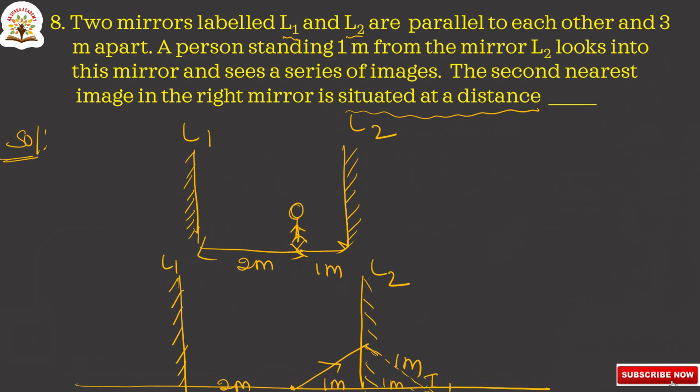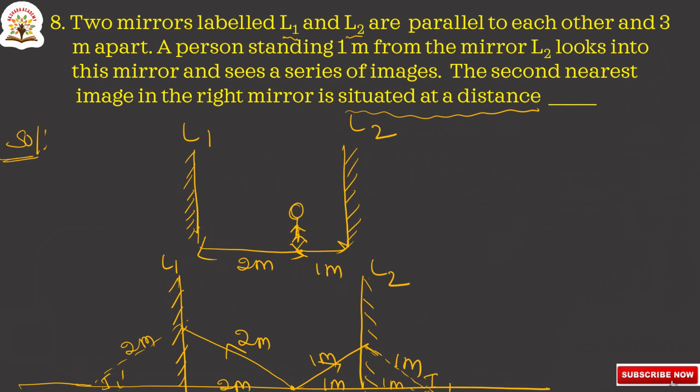And for the second one, from here to here it is incident, 2 meters, and it is reflected. This distance is also the same, 2 meters only, and it is assumed to be I1 dash.